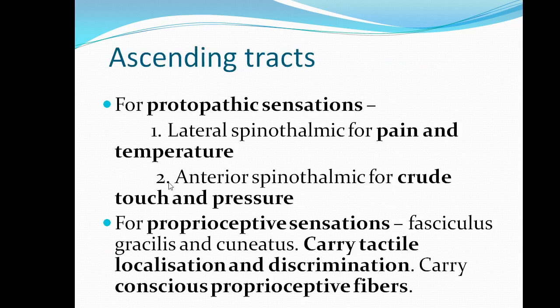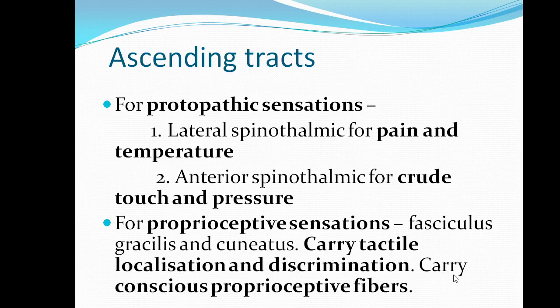Then ascending tracts. Protopathic sensations are carried by the lateral spinothalamic tract for pain and temperature, and the anterior spinothalamic tract for crude touch and pressure. For proprioceptive sensations, it is fasciculus gracilis and fasciculus cuneatus. They carry tactile localization and discrimination.